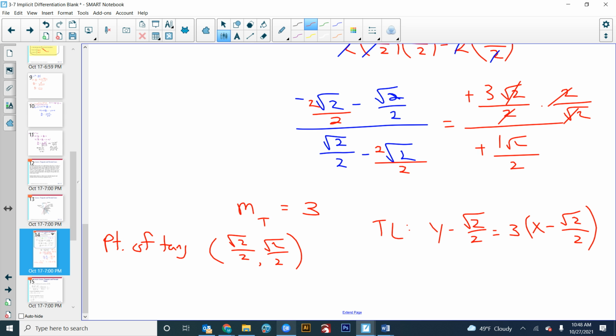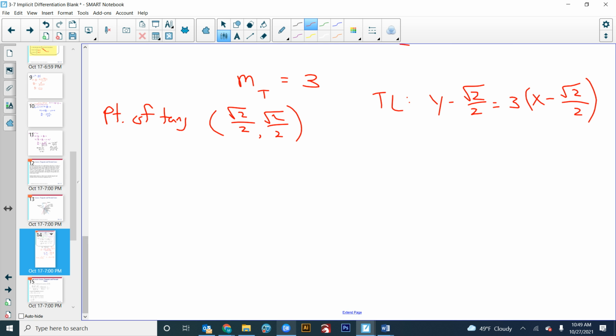This is that moment where I said earlier in the year you're not going to want to write it in anything other than point slope form. Just not necessary. All right, normal line: y minus radical 2 over 2. What's the slope of the normal line? -1/3 times x minus radical 2 over 2.